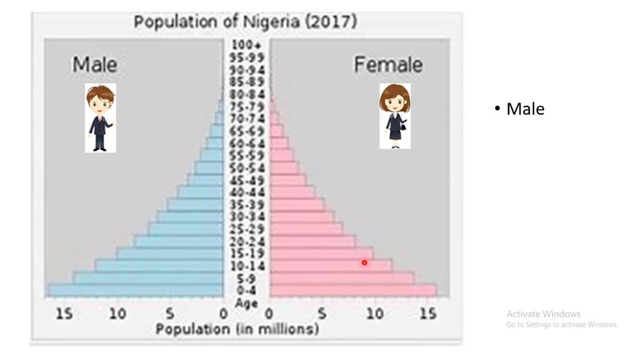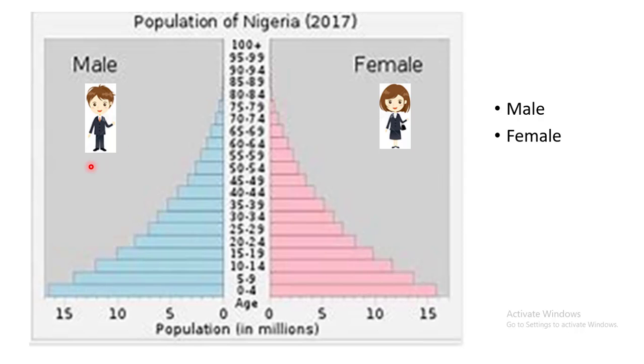Now, let us look at it. You have the male. This is the female. This is the male. So what is the importance of knowing the total number of male children and the total number of females in the population when you are planning education?